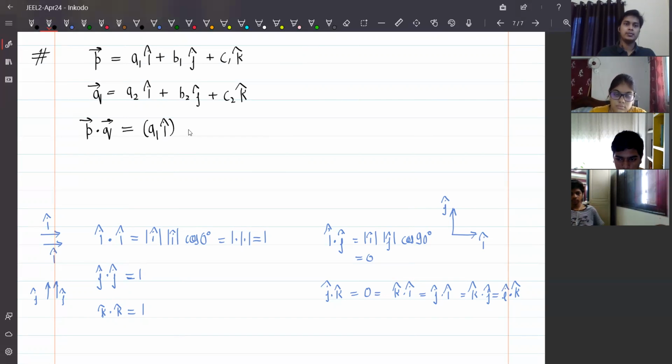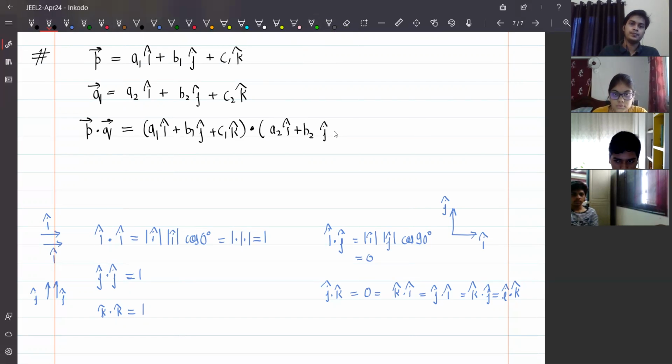A1 I cap plus B1 J cap plus C1 K cap, dot product with A2 I cap plus B2 J cap plus C2 K cap.